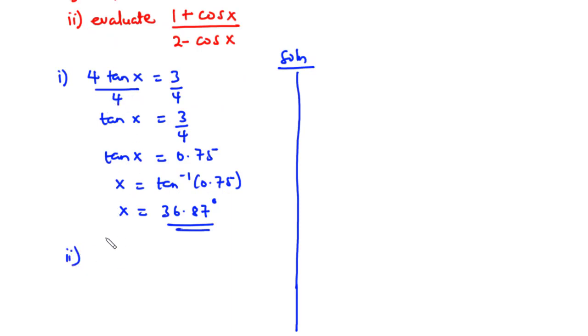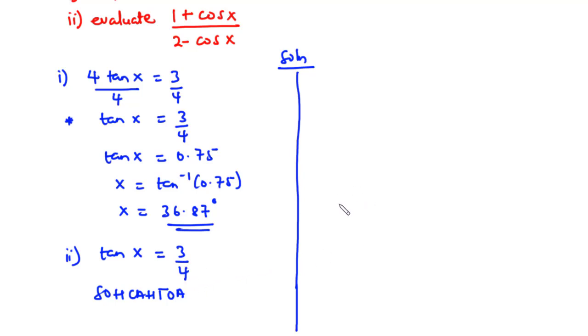So from I, we have tan x to be 3 over 4. That is from here. Now according to SOHCAHTOA, tan is opposite over adjacent. So the 3 is the opposite side and then the 4 is the adjacent side.